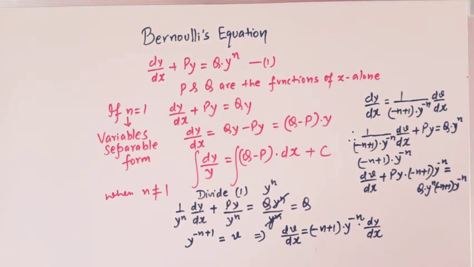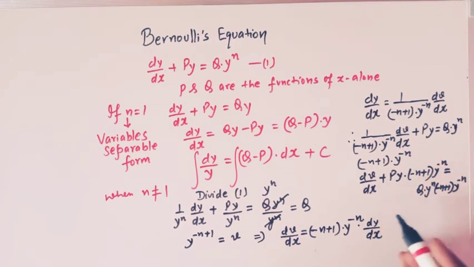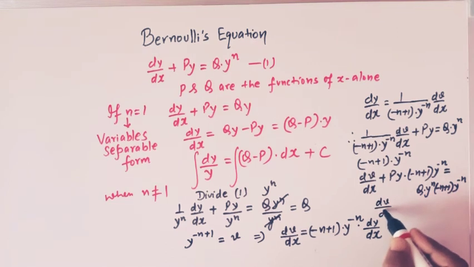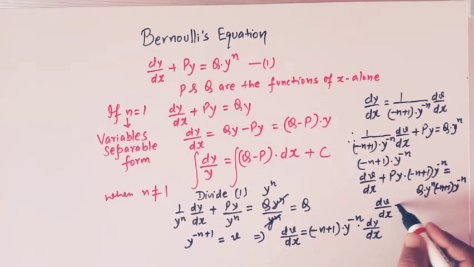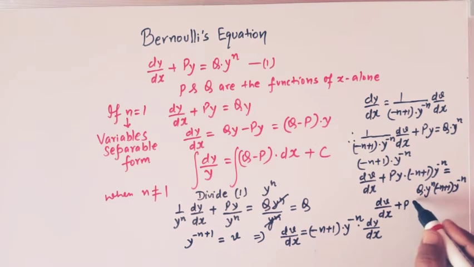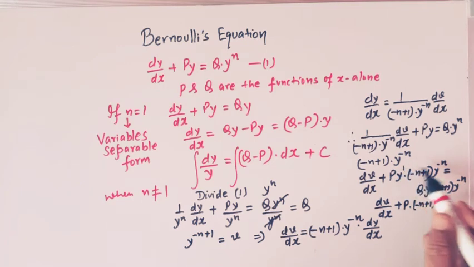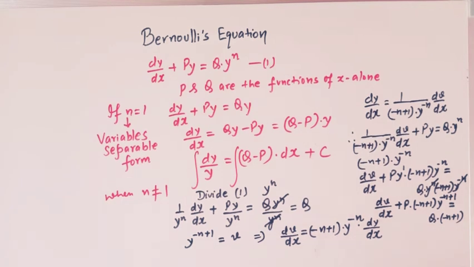Okay, so now this can be simplified as dv/dx + p (-n+1) y^(-n+1) = q (-n+1), where y and y^(-n) combine to give y^(-n+1), and the y^n terms cancel on the right.